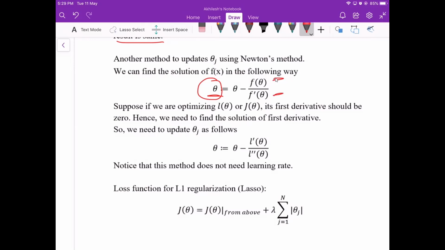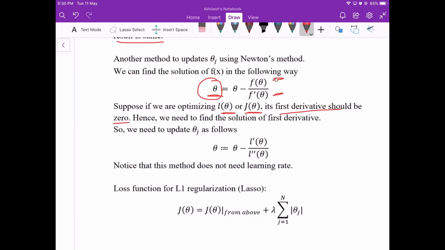So what we are optimizing is the log likelihood, or maybe the cost function, whichever you want. So to have that, suppose we are optimizing this or this, its first derivative should be 0.